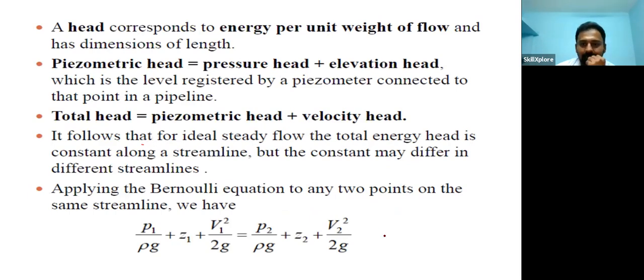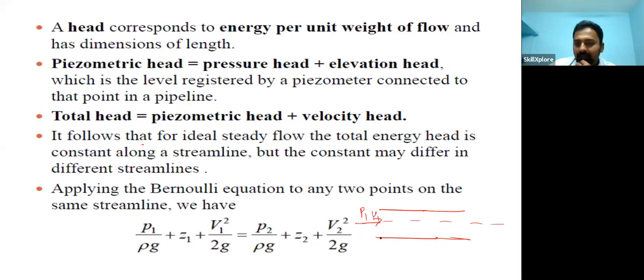If you have a pipe, I have a pipe here, and this pipe is perfectly horizontal. This is the direction of fluid flow. At section 1, I have a pressure P1 and a velocity V1.